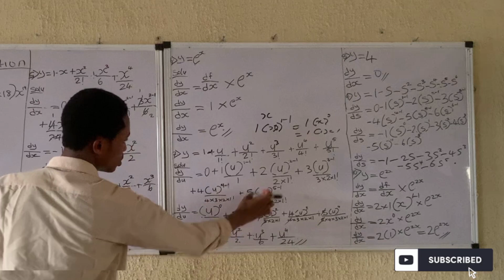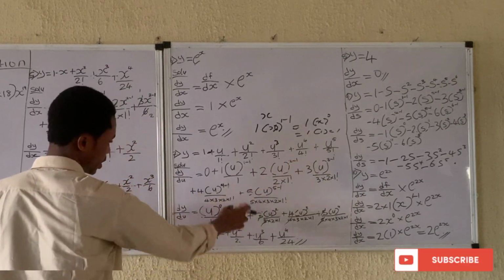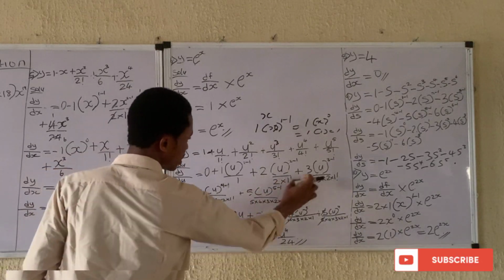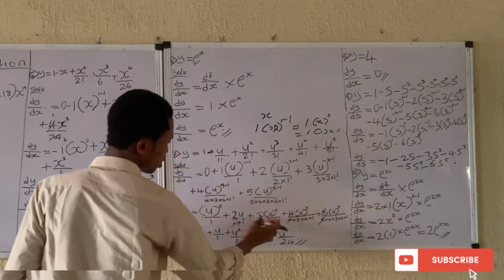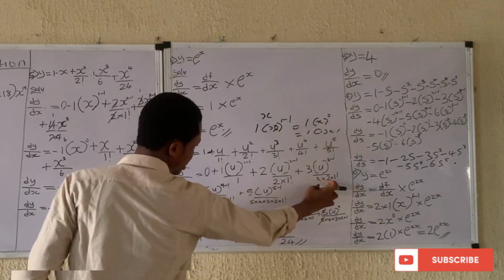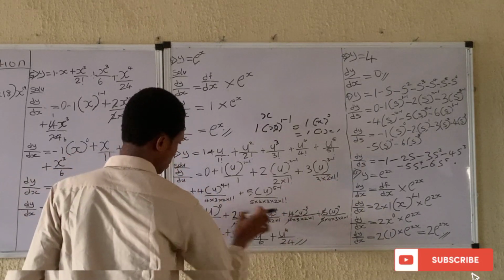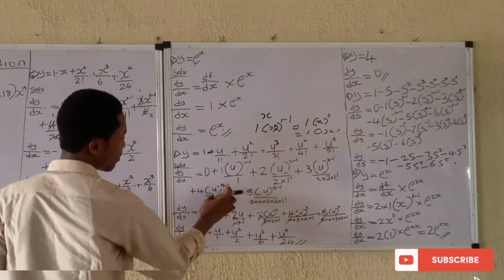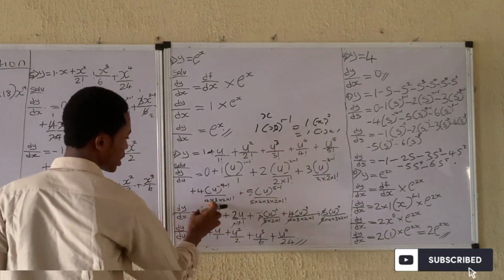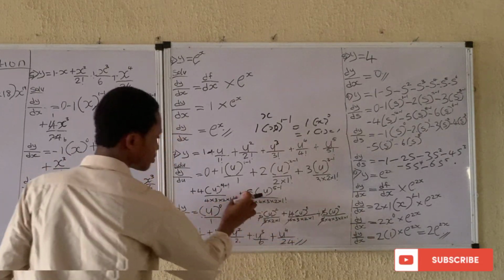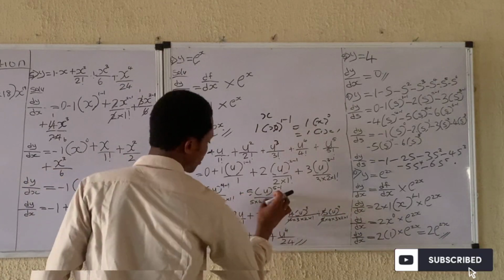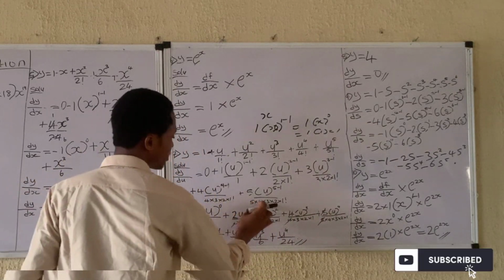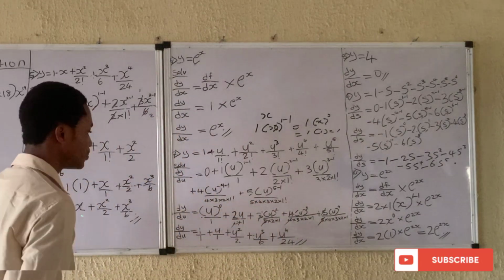Plus this one now, 2u, 2 minus 1 gives you 1, which is u to the power 1 here, all over 2 times 1. Plus 3u, 3 minus 1 gives you 2, all over 3 times 2 times 1. Plus we come to this place, we write 4u, remove 1 from the power, 4 minus 1 gives you 3, all over 4 times 3 times 2 times 1. Plus 5u, remove 1 from the power, 5 minus 1 gives you 4, all over 5 times 4 times 3 times 2 times 1.